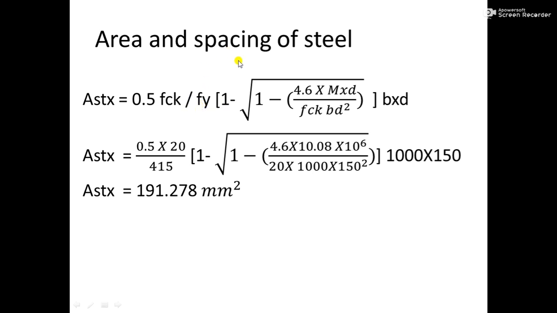So you again use it in two-way slab, that is steel along x direction, 0.5 fck upon fy into bracket 1 minus under root of 1 minus 4.6 moment along x direction upon fck bd square, bracket, where it is b into d. Put all the values here and calculate the steel along x direction.